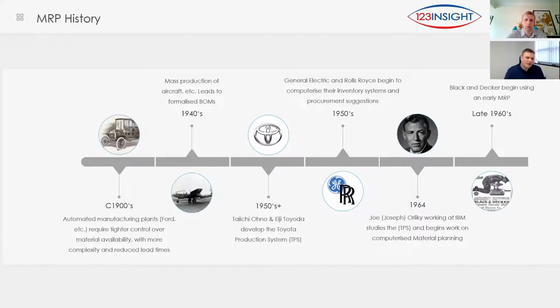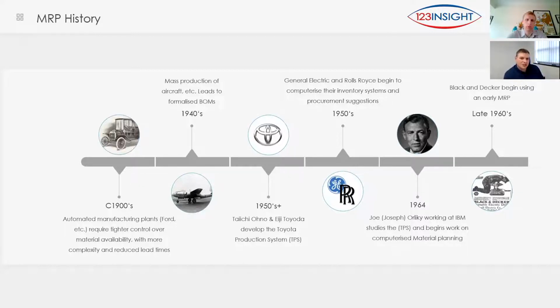Coming into the 1950s, and you can see the Toyota logo there. In the 1950s, following the Second World War, we start to see the economic miracle of Japan. Particularly in the Toyota Corporation, we have Taiichi Ohno, who was one of the engineers at Toyota, working with the, I think, general manager there, Eiji Toyoda.